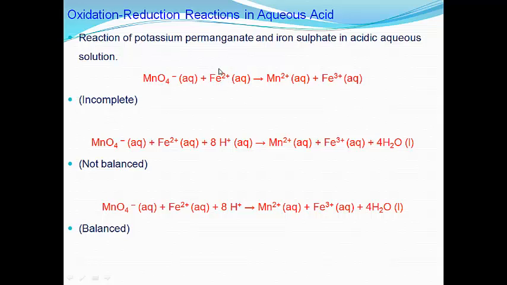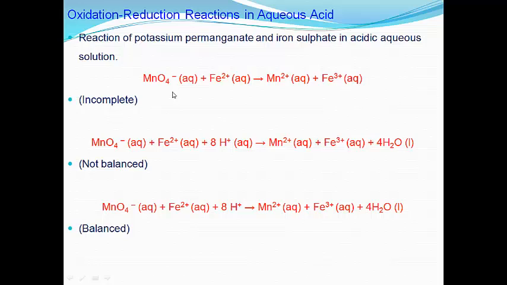And then here we have iron 2+ in aqueous solution, iron sulfate, iron 2+. And so we have the formation of manganese 2+. So we have the reduction of manganese from +7 to +2, and simultaneously we have the oxidation of iron 2+ to iron 3+.